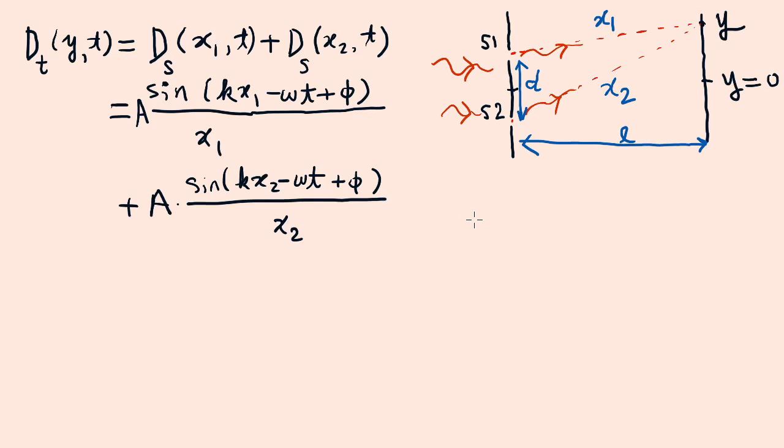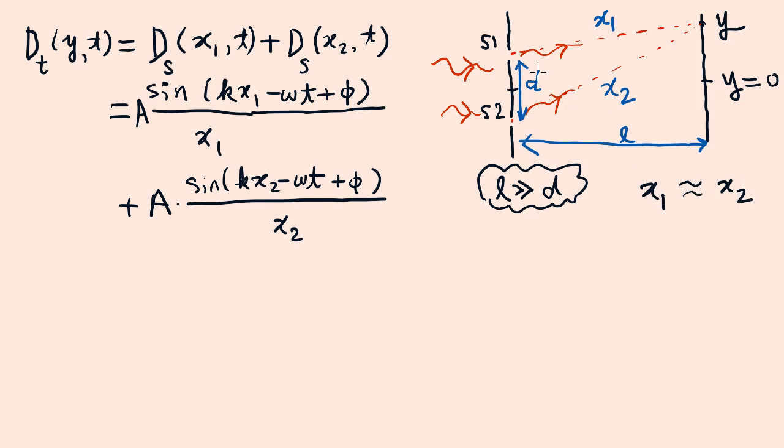This is the mathematical expression that we arrived at in the previous slide. But in order to evaluate this function in a more meaningful way, we must make some key physical observations. Let's remember the basic condition of the scattering experiment, namely L is much greater than D. If L is much greater than D, it's obvious that x1 and x2 are pretty much the same.